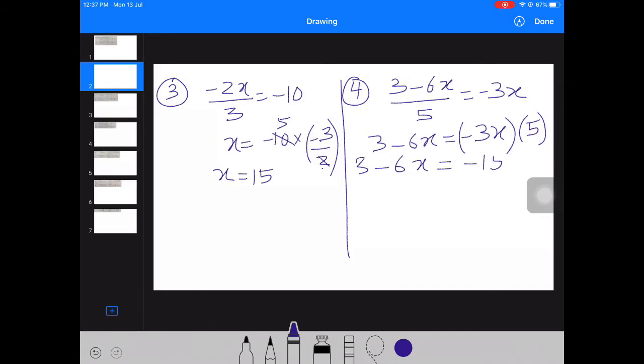So 3 minus 6x equals negative 15x. Oh yeah, I think this number 4 is similar to number 2. The question is similar, I'm sorry. But never mind. So we group them. Plus 15x equals 3. So 9x equals negative 3.